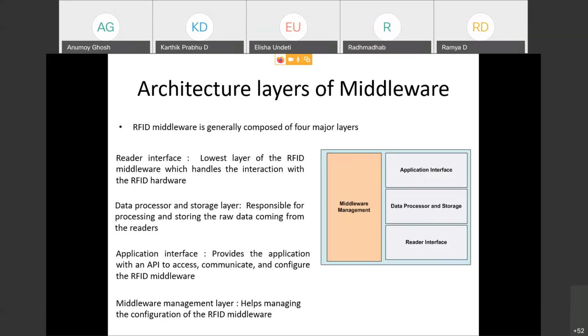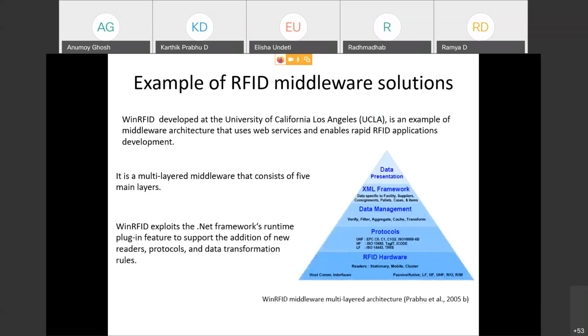So middleware management comprises an FPGA. Why FPGA? Because it is not required to be changed every time the network requires modification. Only some programming of the FPGA will be done, and then I can accommodate some new device in the network.